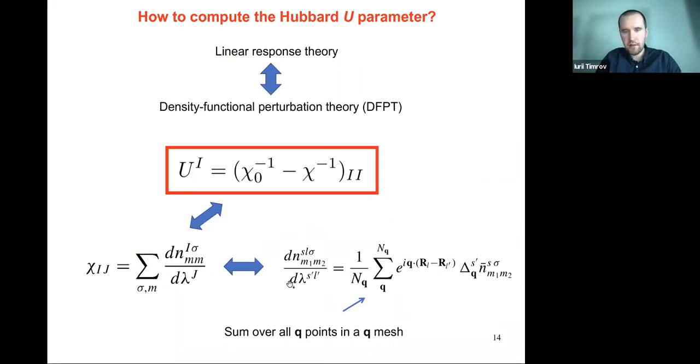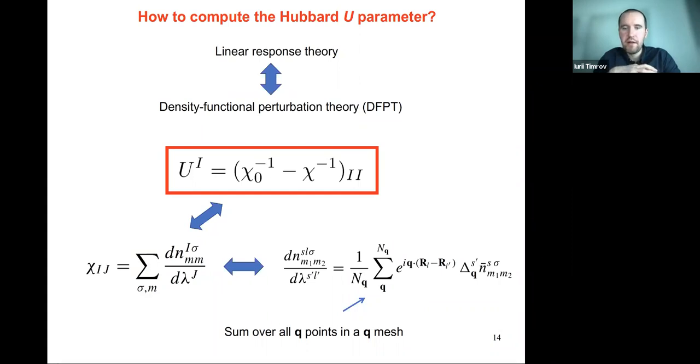And in this DFPT framework, this object is defined as the sum over Q points of this complex object delta n of Q. Unfortunately, I don't have time to explain in detail, but the message to pass is that there is some Q point sampling of the Brillouin zone, and each Q vector, if you want, corresponds to the wave vector of the perturbation, the so-called monochromatic perturbation.